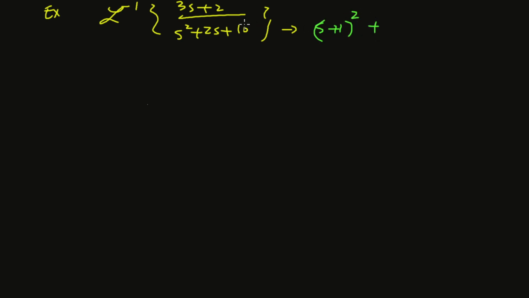Then you have 10 minus that 1, which is 9, which is 3 squared. Then we have 3s plus 2 at the numerator. Looking at this, we suspect we're going to deal with an exponential times cosine bt or times sine bt, right? Something like that.